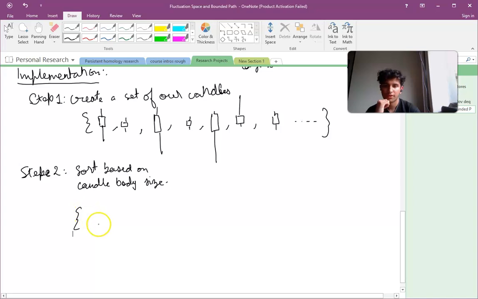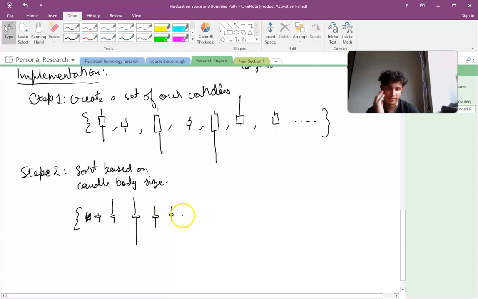So we're going to keep all our candles in the following way. We have all the really small ones at the first. Right? They have really small, really big, still small.